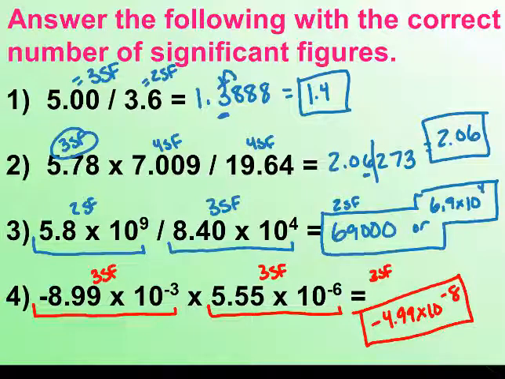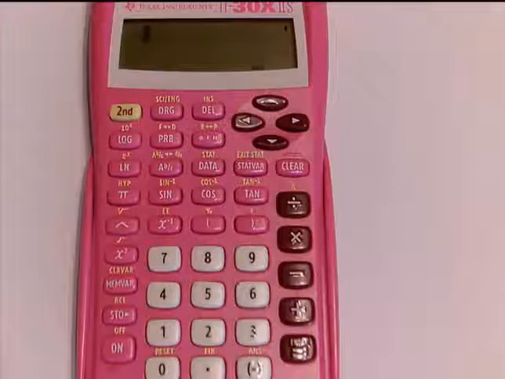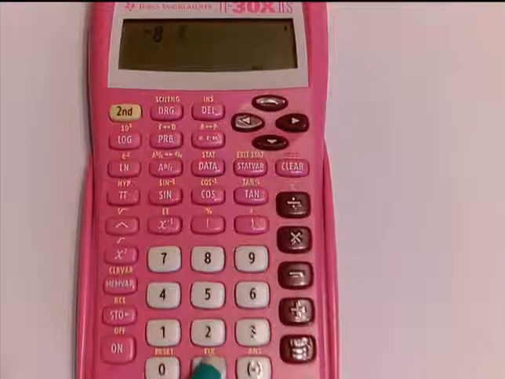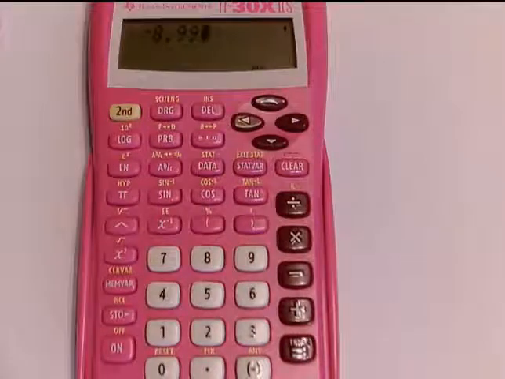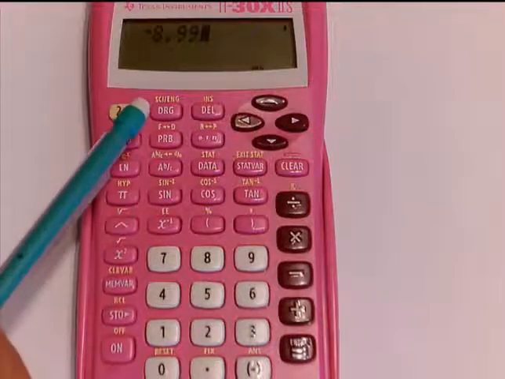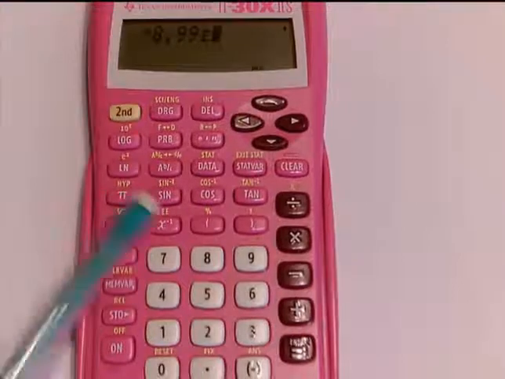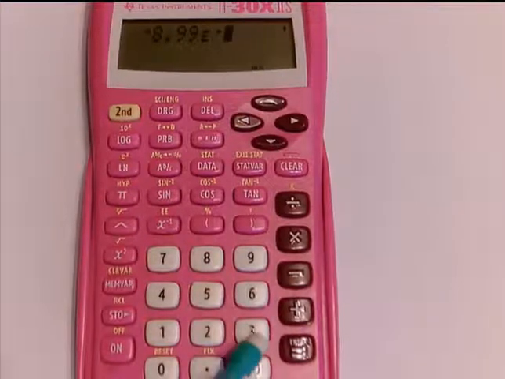Okay, finally, let's see how to do it on the calculator. This one's a little bit different than the online calculator because unlike the online calculator, we actually have a negative button down here. So I'm going to hit negative 8.99. I need my times to the negative 3rd, so second E, negative 3.